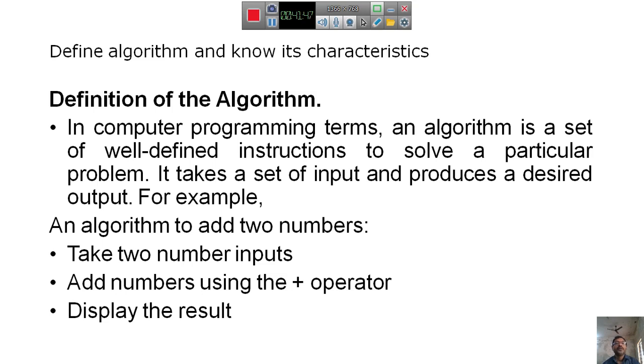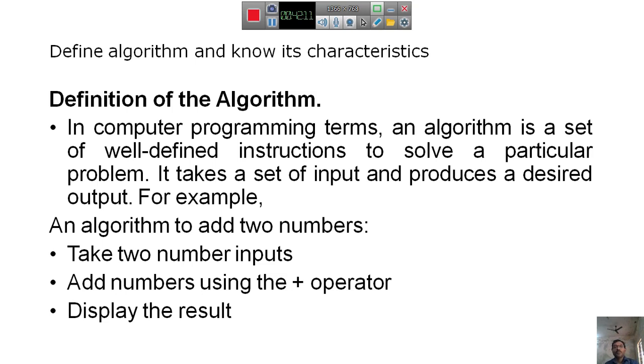And it should be written in simple English language words. So these are the characteristics of an algorithm.